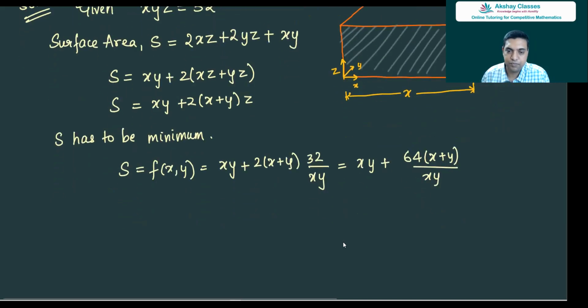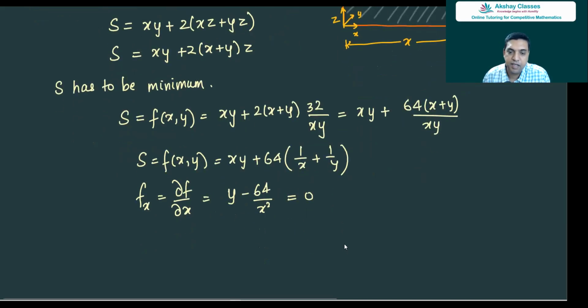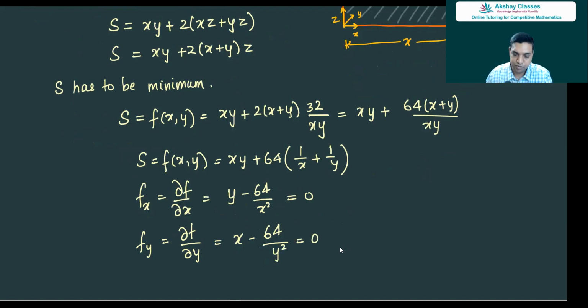So let's do this. Now fx, dou f by dou x, is y minus 64 by x square equal to 0. Next, fy, dou f by dou y, is x minus 64 by y square equal to 0. Now we need to solve these two.